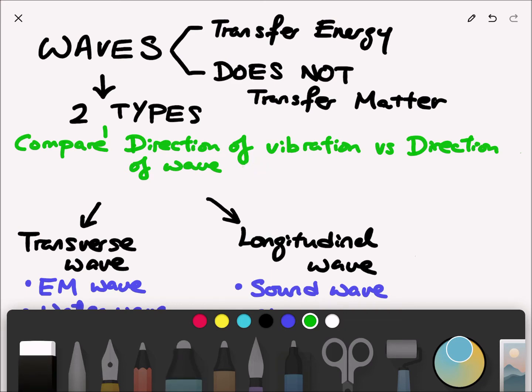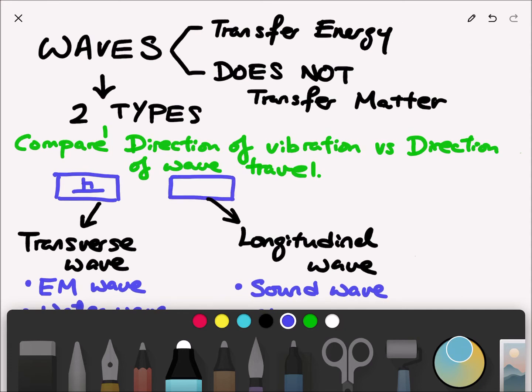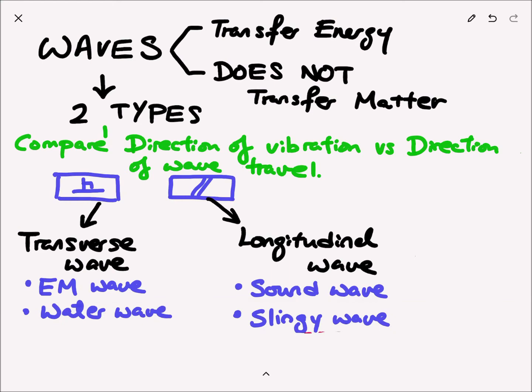The direction of wave travel, sorry. So if we know that this direction is perpendicular to each other, then we know that, oh, this wave must be transverse. Or if this is parallel to each other, then this wave, we call it a longitudinal wave.